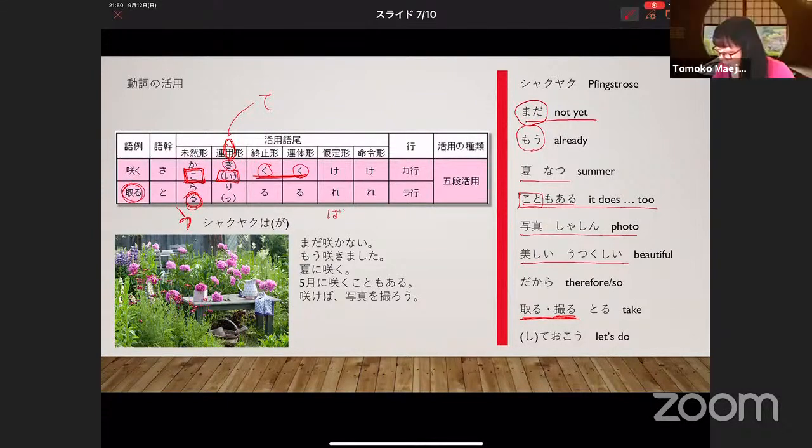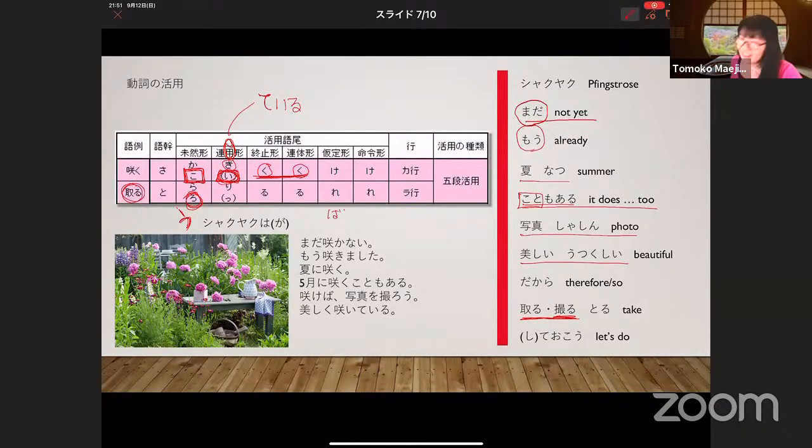In Japanese? Shakuyaku wa utsukushiku. 美しく. Very good. Then you say, okay, you need to use this. Saiteru. Yes! Great job!